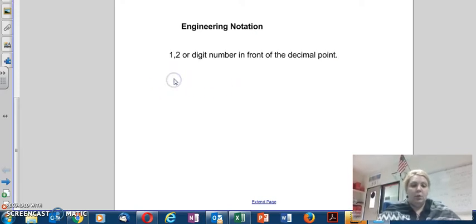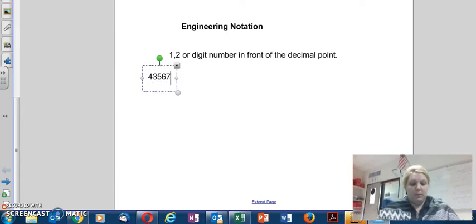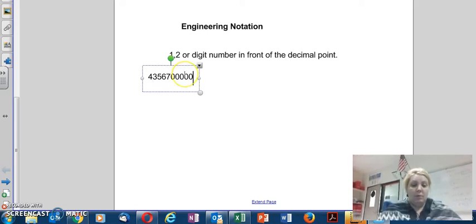All right, so how would that work? Well, let me get a number. I'm going to use a big number. So here's my rather large number, and I'm going to put it in engineering notation. So the first thing I'm going to do is move my decimal point, just like I did in scientific notation.